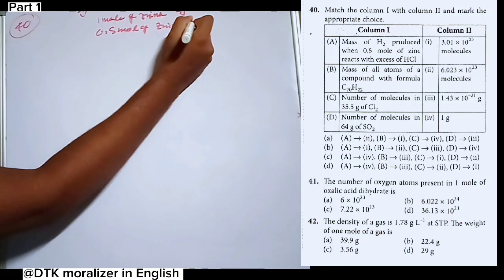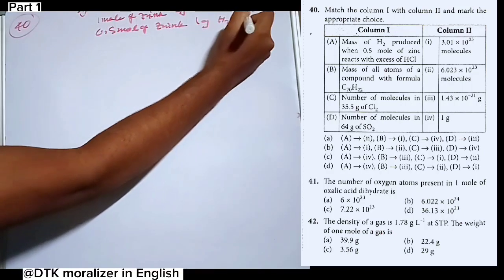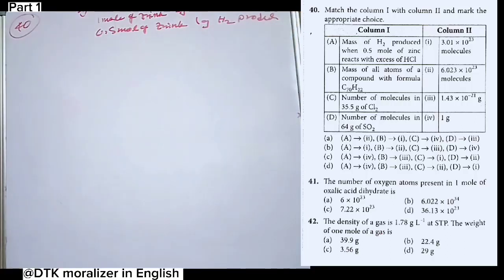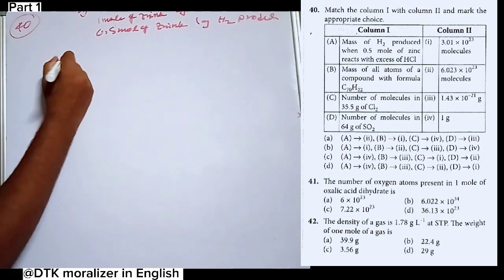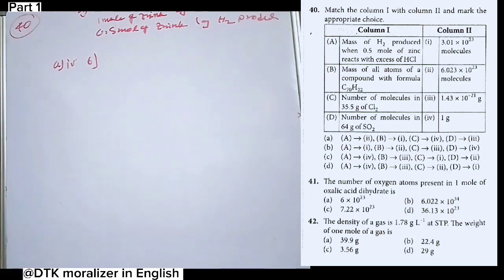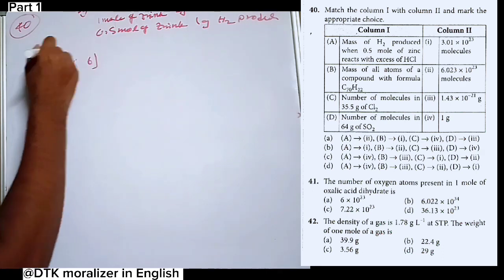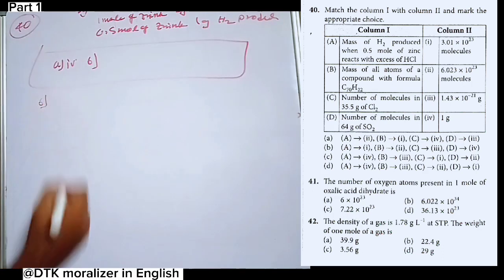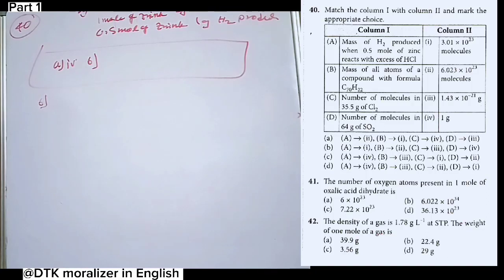Here by the question... Sorry, I did not notice the camera. That's why some part is on the edge. So 0.5 mole gives 1 gram H2 produced. For option A, it is 4.